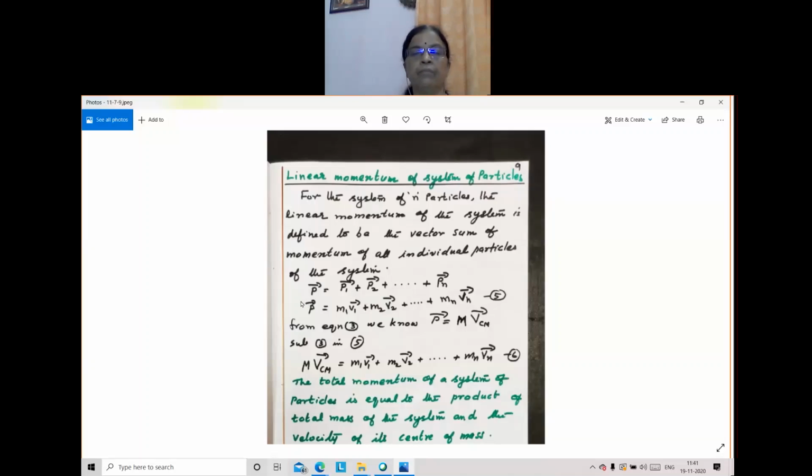So here onwards, when we consider the rigid body, you cannot just write P equal to mv. We have to consider each and every particle of the system and substitute that. So P equal to m1 v1 plus m2 v2, because momentum is mass into velocity, etc.